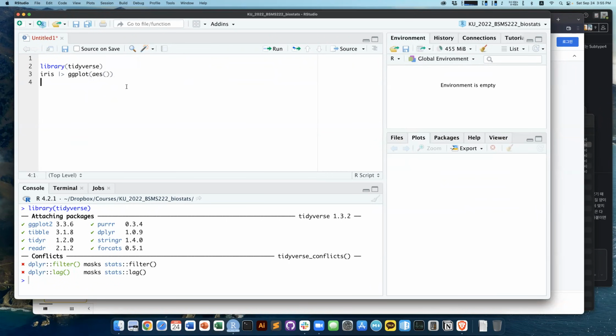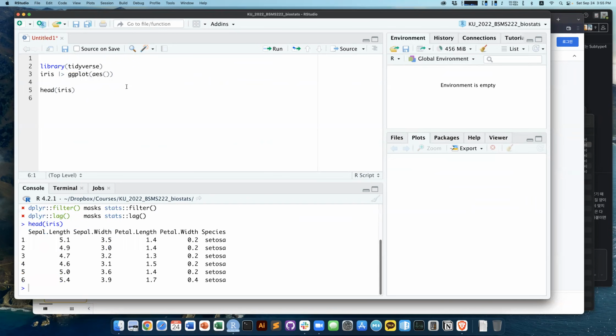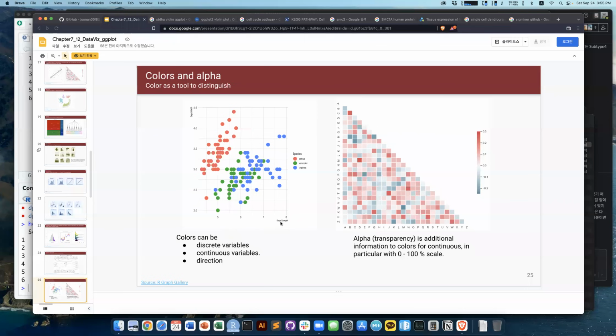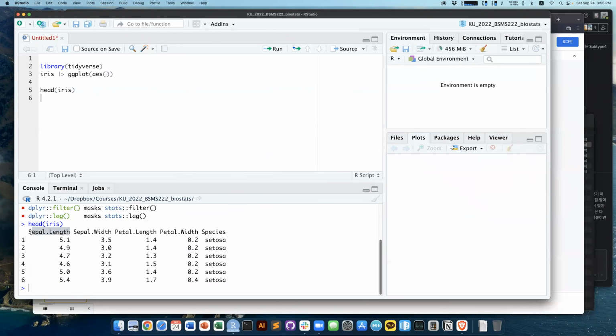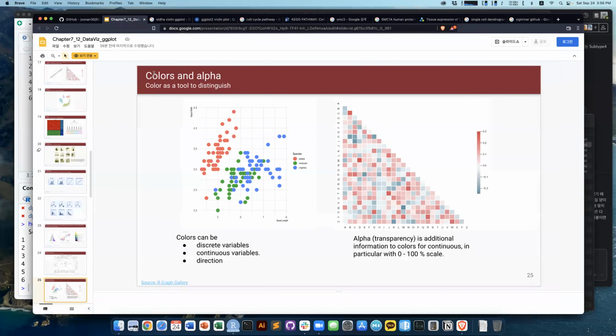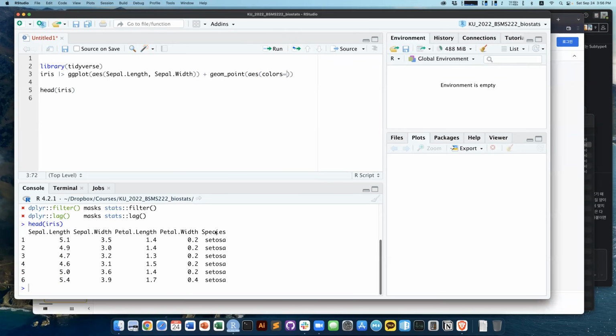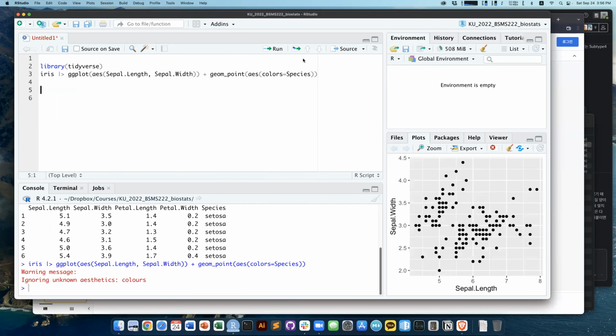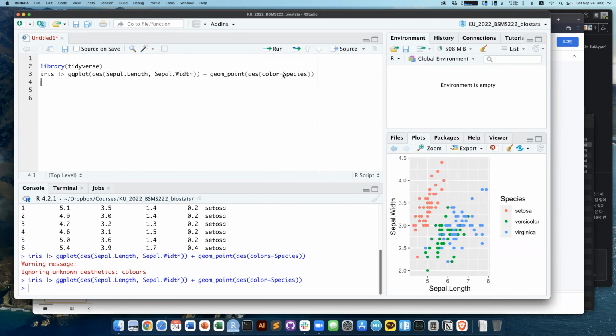Okay, so what was it? The sepal length from here, and sepal width from here. Okay, then geom_point. Yes, colors. Okay, let's look at this together. Oops, no, it's color.